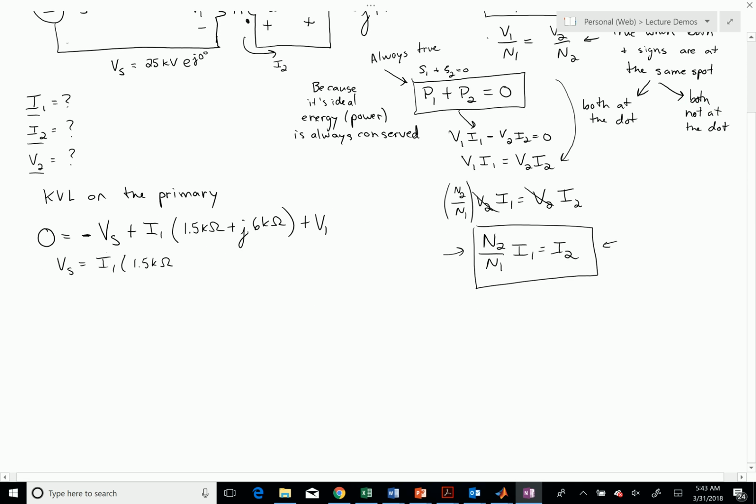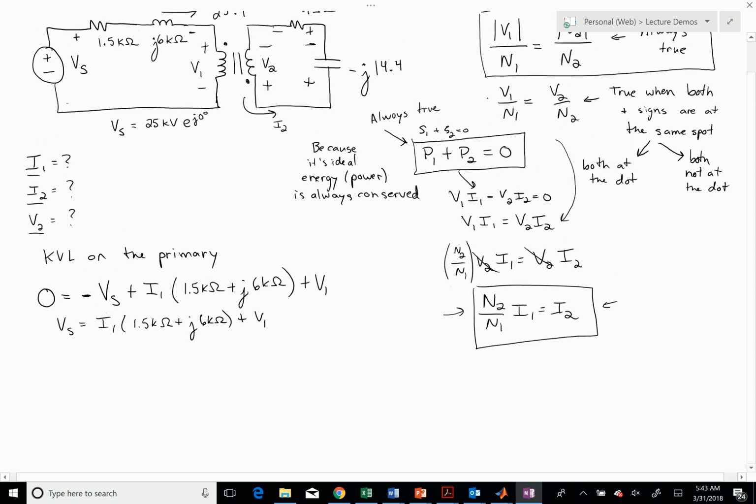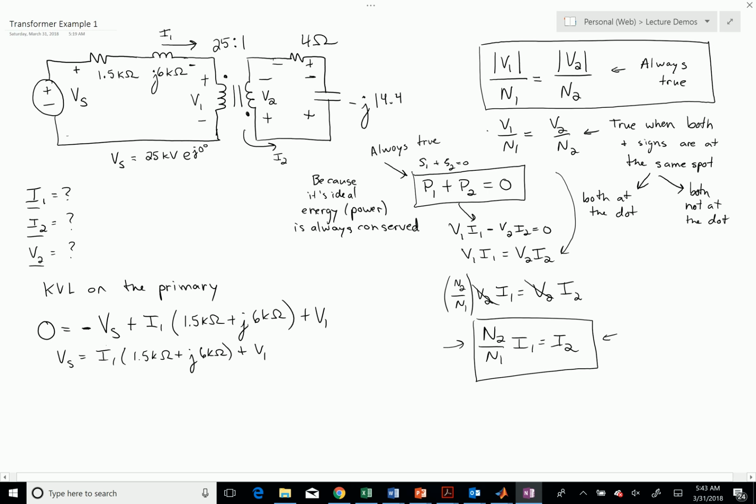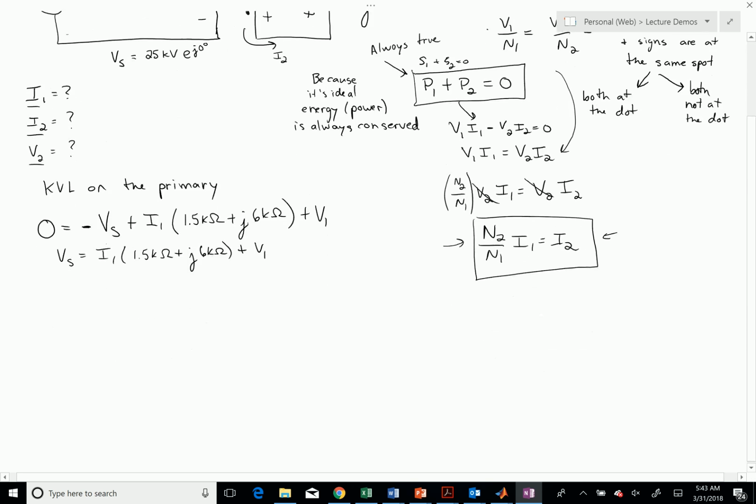The problem I have here is I have one equation and two unknowns. I don't know I1, I don't know V1, but I have my transformer relationships. I know that V1 over N1 equals V2 over N2. In this particular case, N1 is 25 and N2 is 1. So V1 over 25 equals V2 over 1.